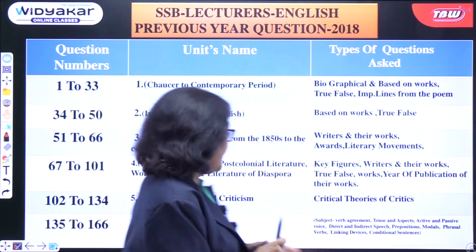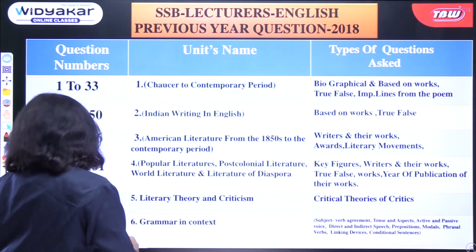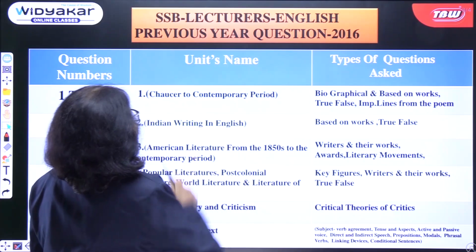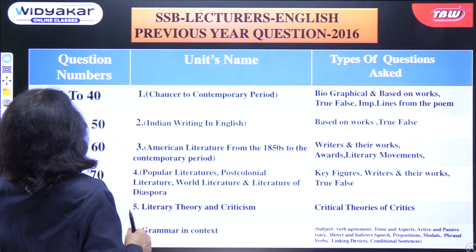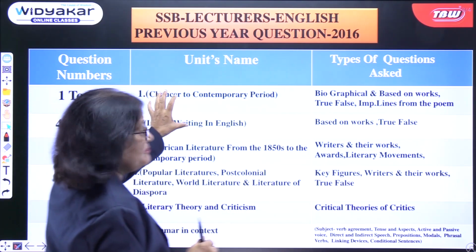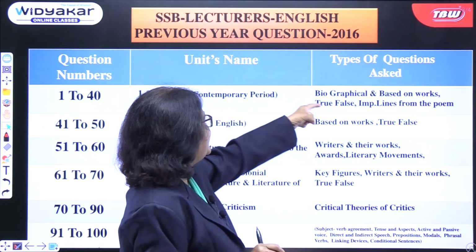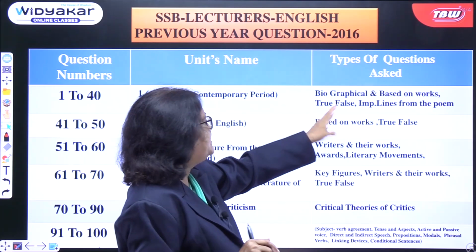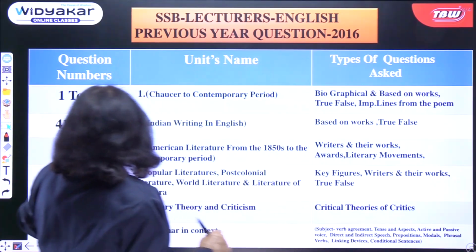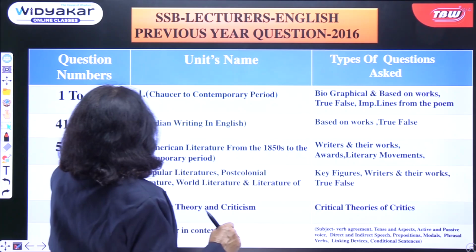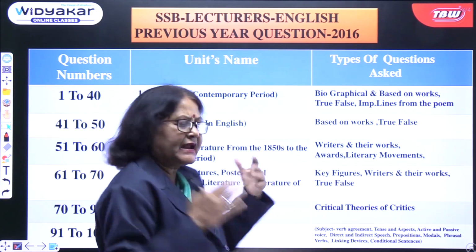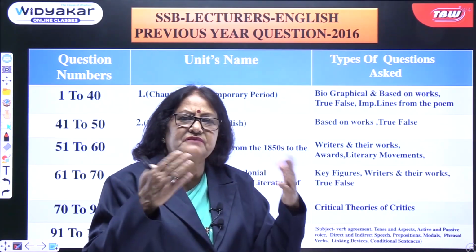Okay. Now, let us come to 2016. Again 40 questions came from British literature. Same thing, biographical details based on works, true or false, important lines from the poem. Then 10 questions on Indian writing in English, based on the writers, their works, the year of publication.